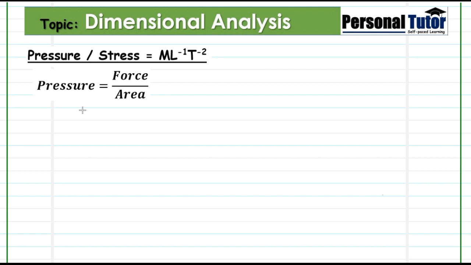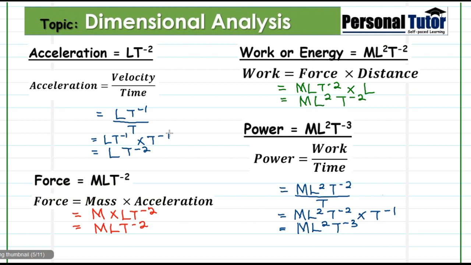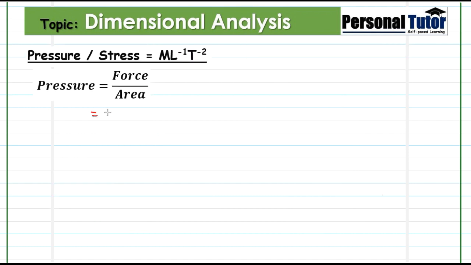Now to pressure, otherwise called stress, which has a dimensional equation as ML exponent negative 1 T exponent negative 2. Pressure is expressed as force over area. In our previous lesson, we looked at the force to be MLT exponent minus 2, and so we will quote that, MLT exponent minus 2 all over area, which is L squared.